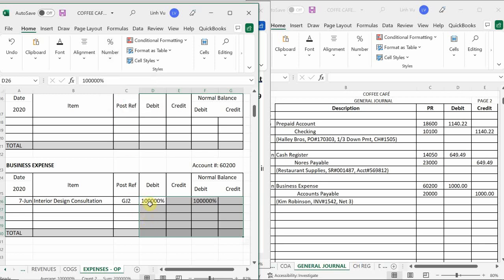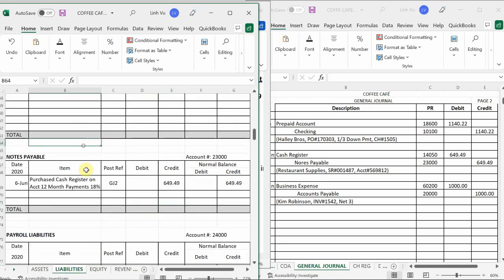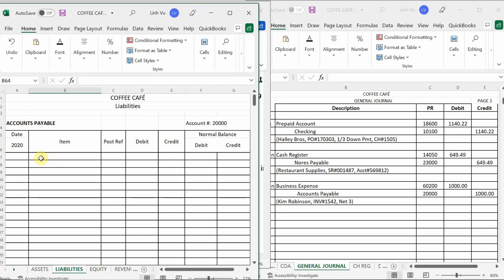However, we didn't pay her yet. We decided to say, you know what? We'll pay her later on. We'll pay her sometime down the week. Because right now, we're still building our company. We have a lot of other things that we need to take care of first.